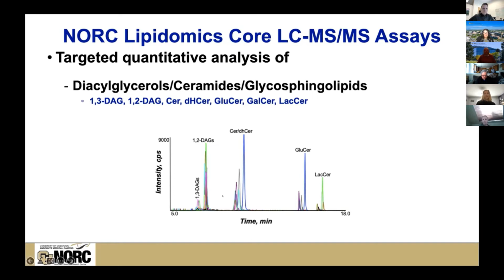What we like to point out here is that we can separate the 1,2 and the 1,3 DAGs, and why that's important is because in most cases, the 1,2 DAGs are the biologically active DAG isomers, and so we can separate them and give you information on the 1,2 versus 1,3 DAG isomers, as well as all the other lipids listed in this slide here.